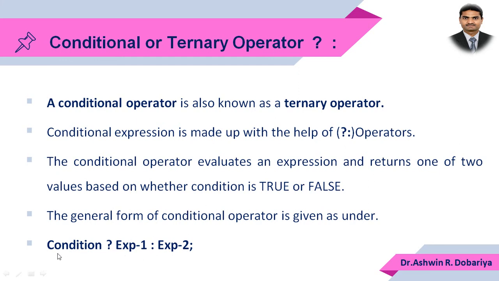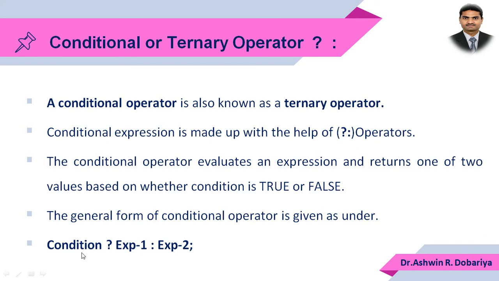Based on this condition, if the condition becomes true, then it will return expression 1. Otherwise it will return expression 2. So the general syntax of the ternary operator is, first we mention the condition with the help of a relational operator, then the question mark. This is the first symbol. If this condition becomes true, then it will return expression 1, and if this condition becomes false, then it will return expression 2.